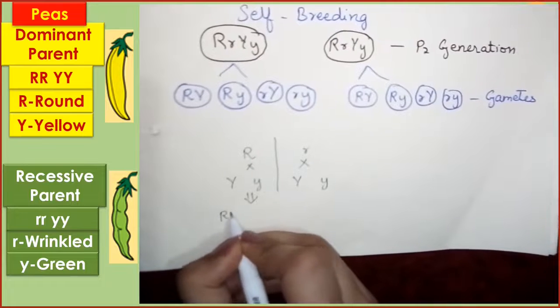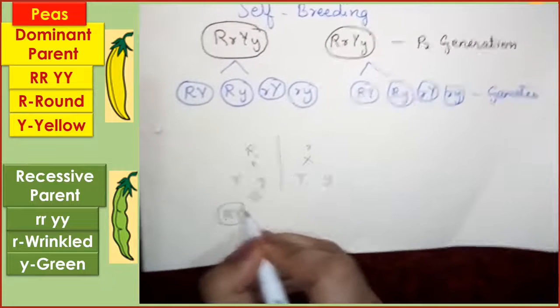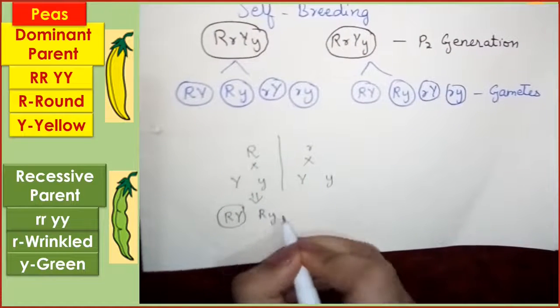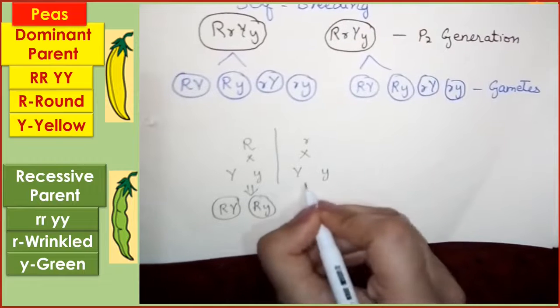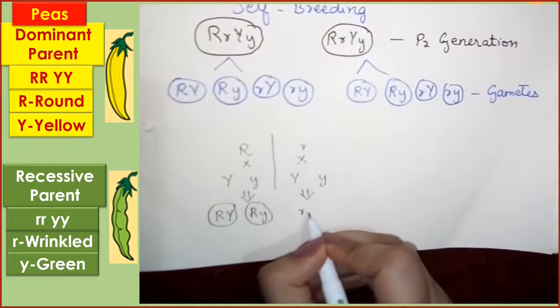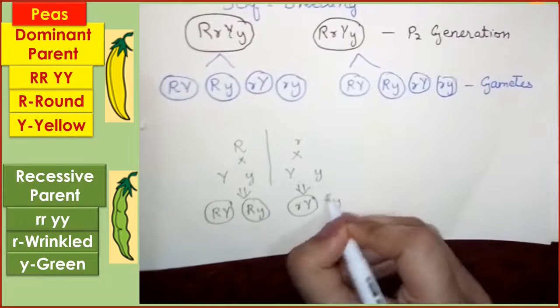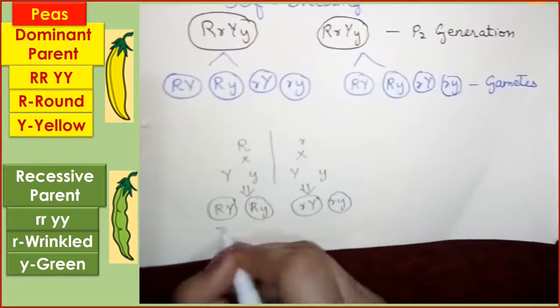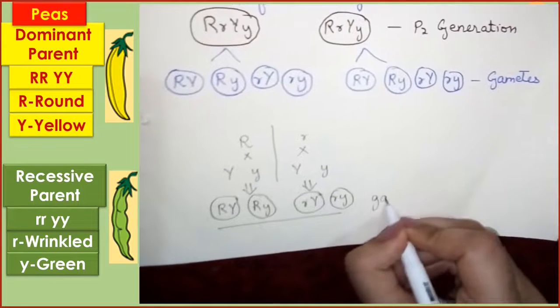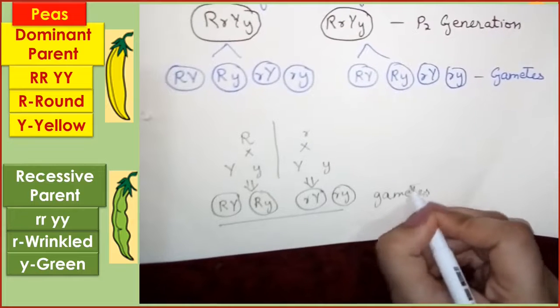Capital R multiplied by capital Y, capital R multiplied by small y on the other side. Similarly, small r multiplied by capital Y and small r multiplied by small y. These are the gametes.